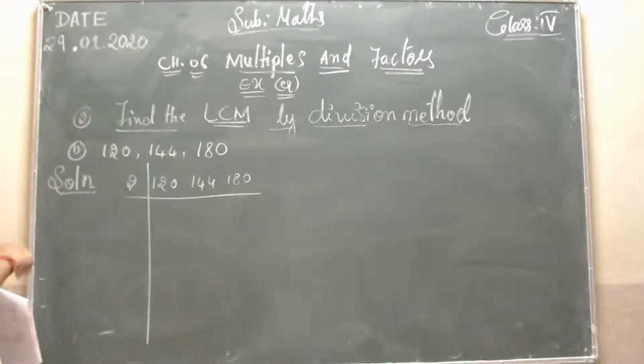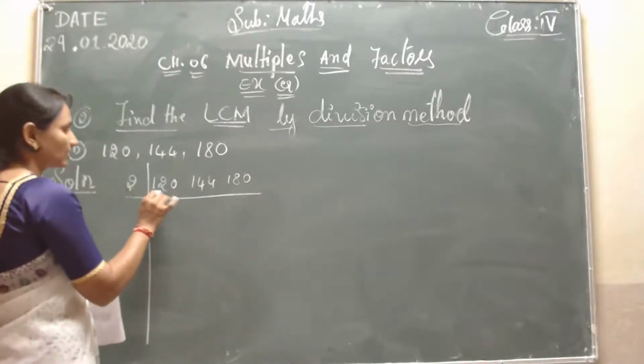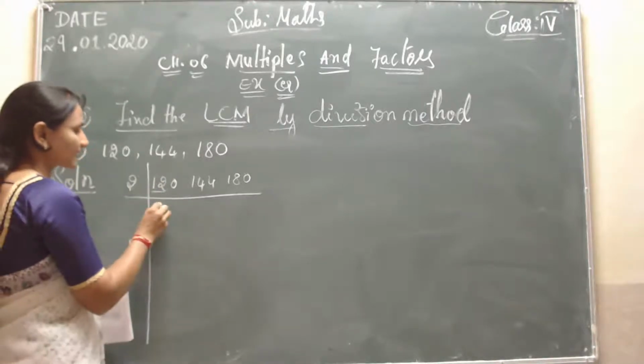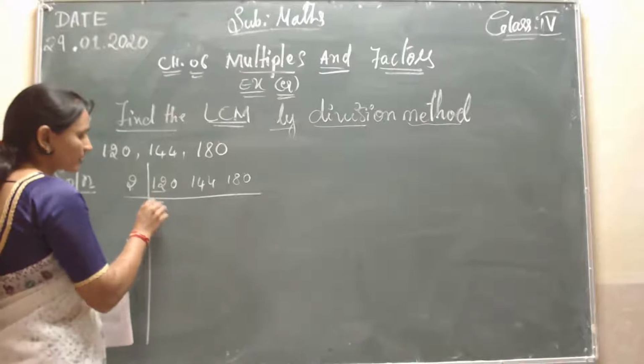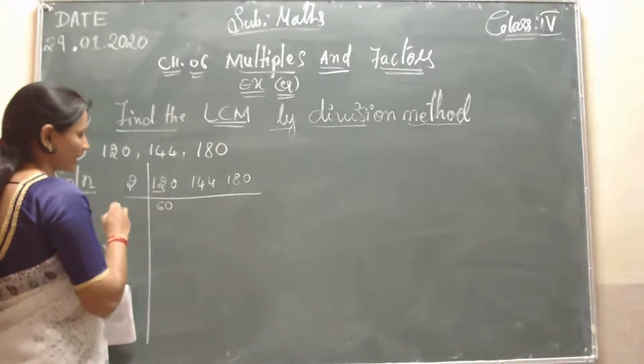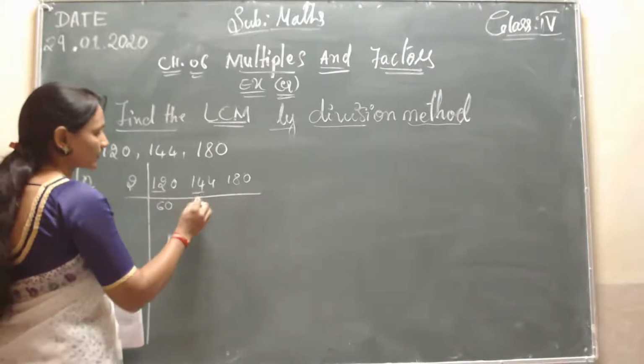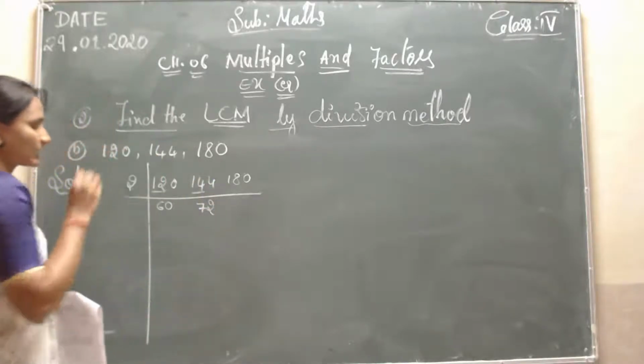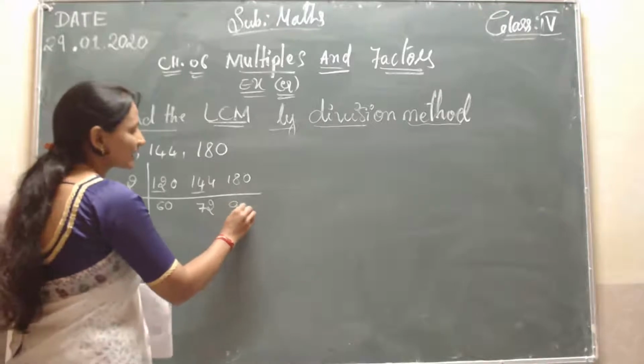Yes, students. The smallest prime number is 2. Now you have to divide. 2 ones are 2, 2 sixes are 12, so write 60 as you write. Next, 2 sevens are 14, 2 twos are 4. Next, students, 2 nines are 18, and 0 as it is.